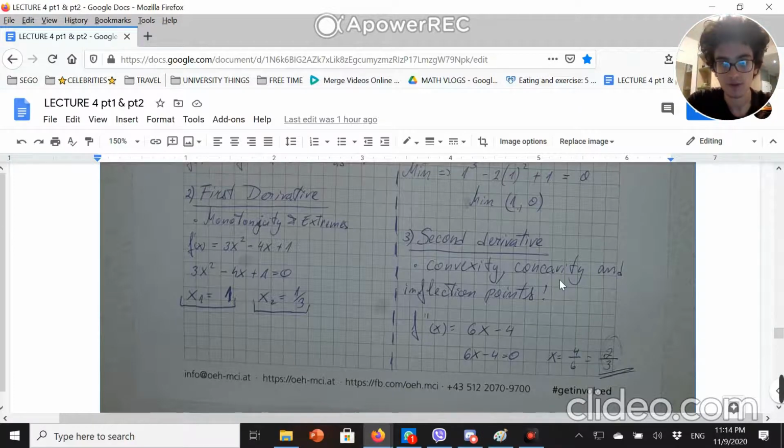So the second derivative would be 6x minus 4. Once again, we set it equal to 0, and we find that x equals 2 over 3.